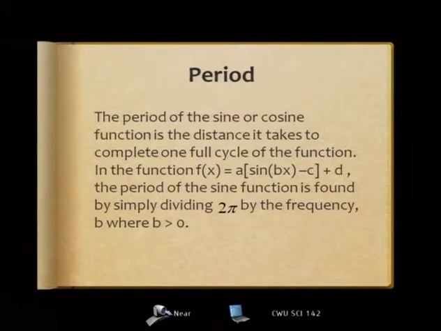The period is how far it took to get through one of those cycles. In our sinusoidal function, the period of the sine function is found by simply dividing 2 pi by your frequency. That'll tell you how long it takes to complete one full cycle.